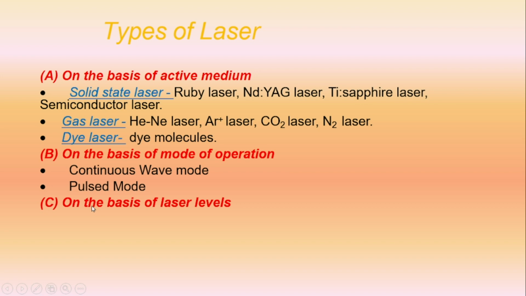And on the basis of laser energy levels, there are two types of laser. The first one is 3-level laser, and the second one is 4-level laser. So these are the classifications of laser on the basis of active medium, mode of operation, and laser levels.